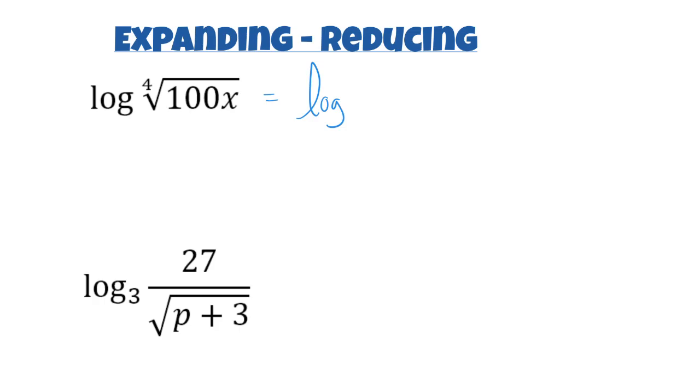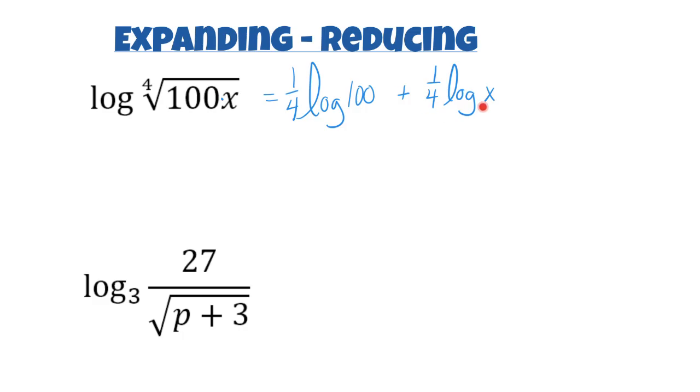It's a 1/4, and it's on both of these things, but this is being multiplied. So I'm going to change it to addition, but I'm going to put a 1/4 on both of those. So it's a 1/4 log of 100 plus a 1/4 log of x.